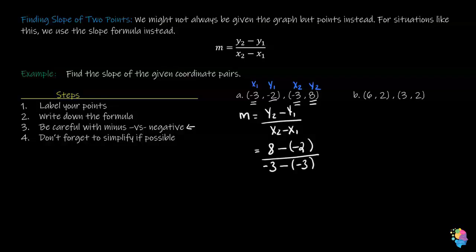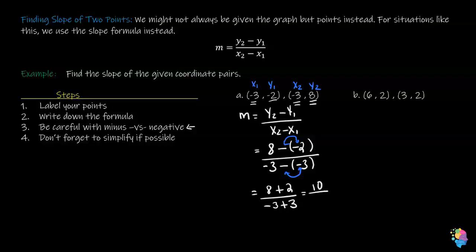And we do have a negative negative situation. You see that here? This is a negative negative, so that's going to turn into a positive. And I have another minus negative, so that's another positive here. So then this will be 8 plus 2 over minus 3 plus 3. Okay, let's add here. 8 plus 2 is 10.